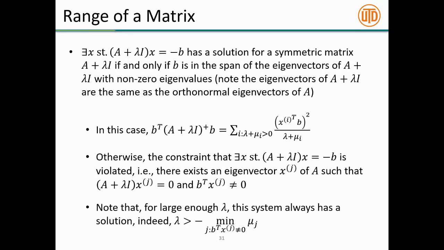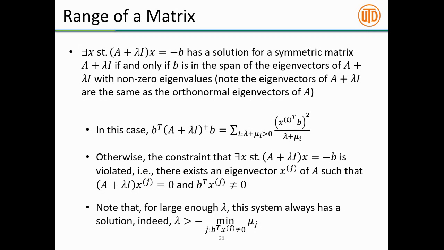If that's the case, then the objective function, which looks like b transpose times the pseudo inverse of A plus lambda I times b, can be written in the following very aesthetic form.